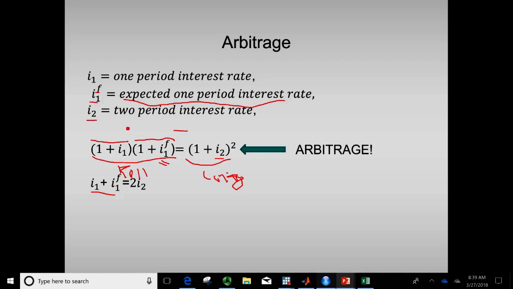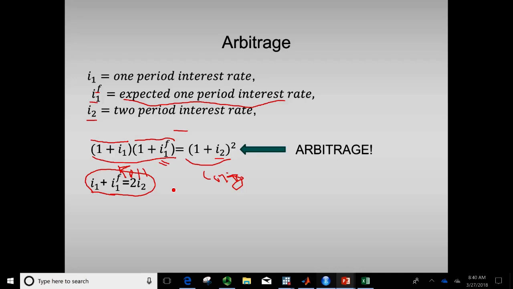And I subtracted the 1's from both sides, and you immediately end up with this equation. It's based on an approximation, but these two equations are approximately the same thing, as long as the interest rates that we're dealing with are relatively small.